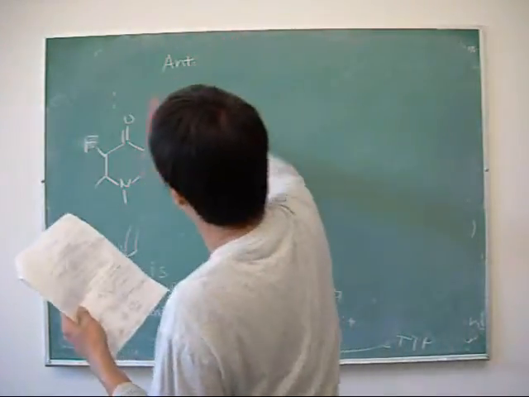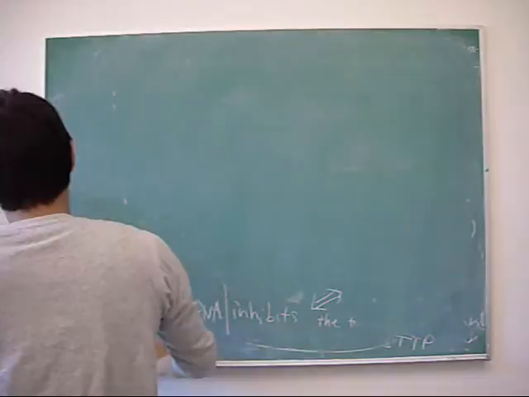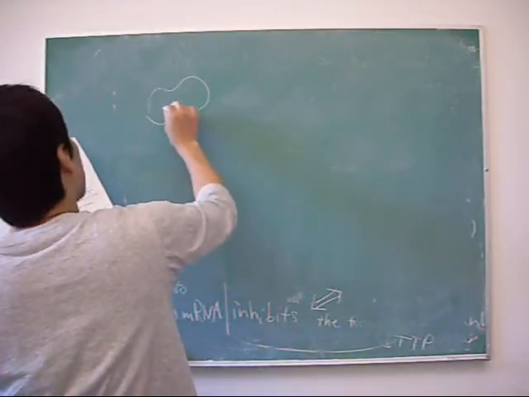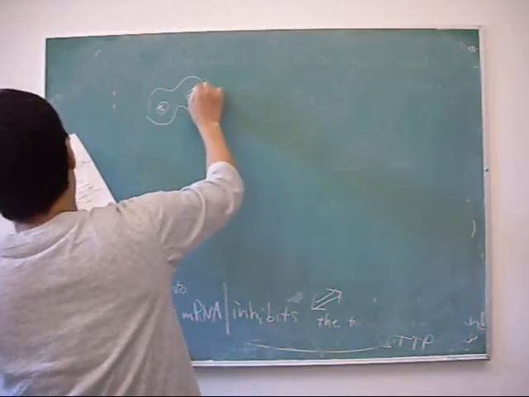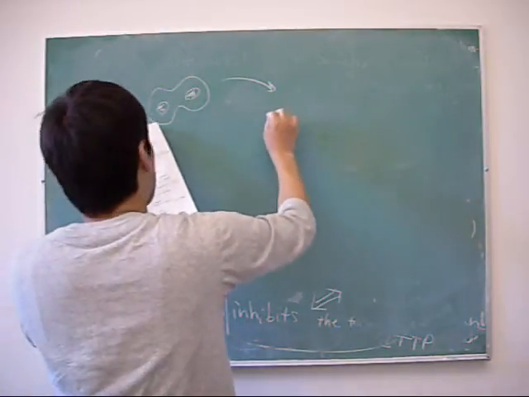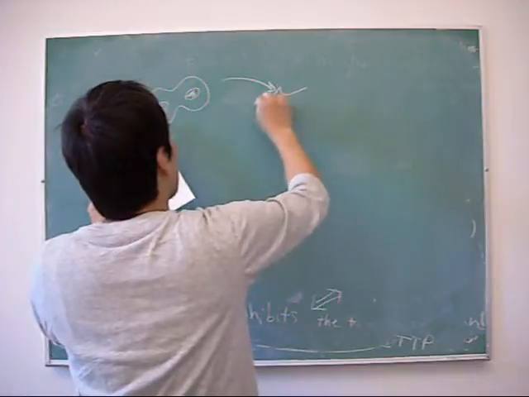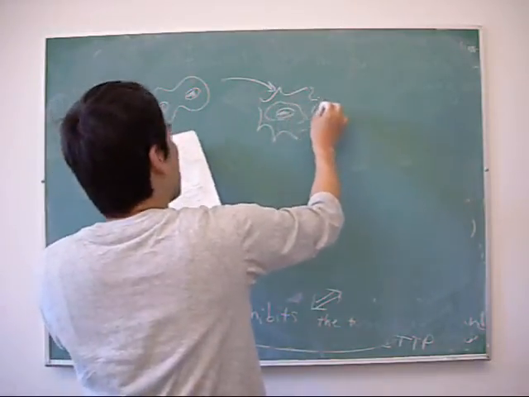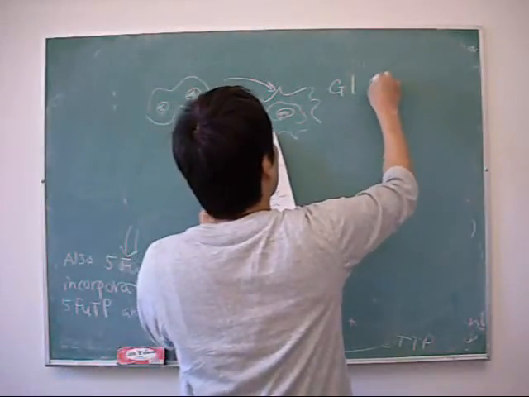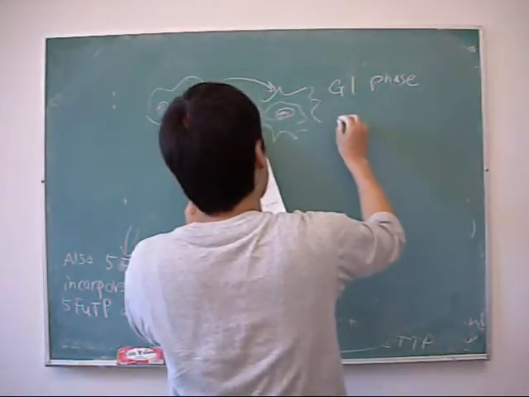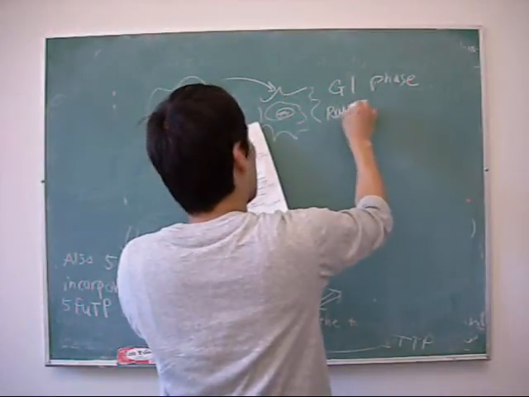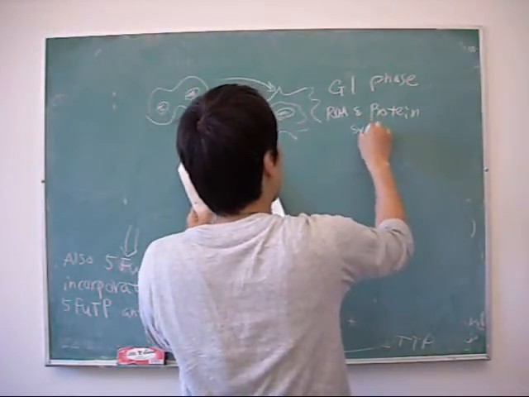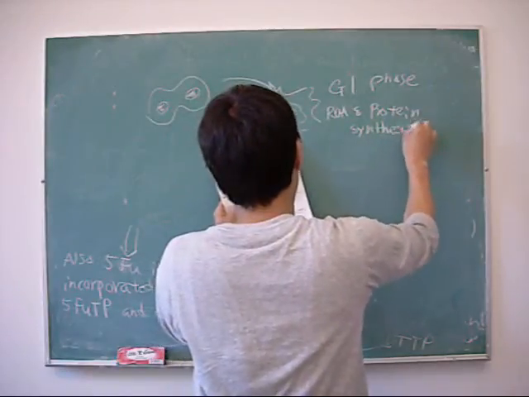You have the cell cycle, and it goes to the G1 phase, which is RNA and protein synthesis. Then there's the S phase, which is DNA synthesis.